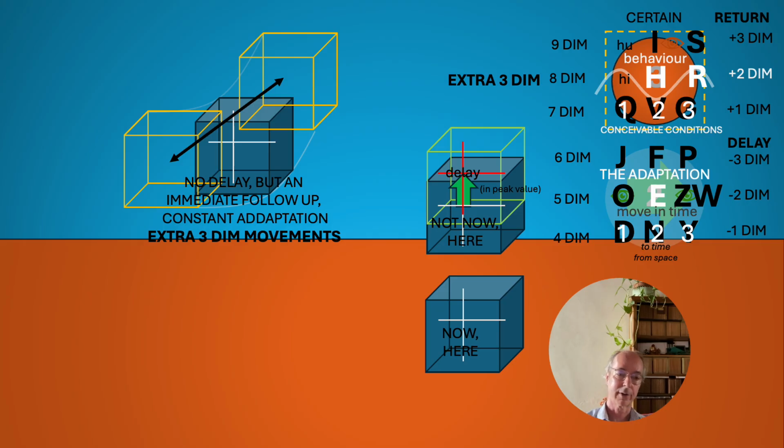And in the third option, there's no delay from what you're seeing anymore, because you would go back to the spatial reference, but the spatial reference itself moves. And we constantly need a follow-up, constantly need to adapt our focus towards it, created within the full three dimensions where we have that follow-up as well.